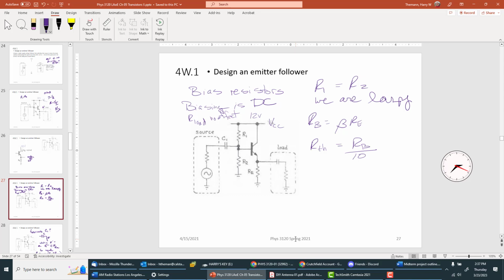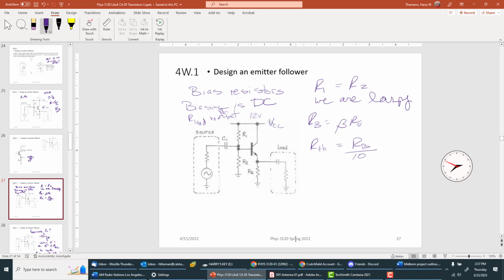So we need to have our biasing network be able to feed into that without compromising it. Now the subtlety here is that in principle we've seen effects of the load resistor, but because we're talking about the DC bias, the load resistor doesn't matter, so we don't have to care.